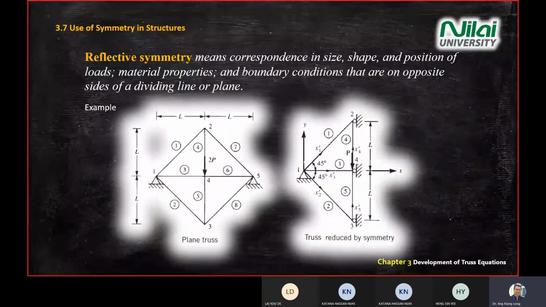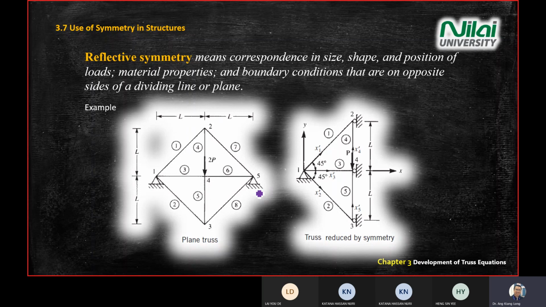A quick one. If you have a symmetric structure, a textbook term is called reflective symmetry. It means that you have the same side, if you mirror them, you can simplify your calculation. For example, the diagram that you see on the screen here.